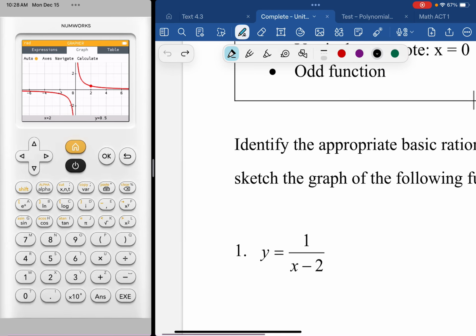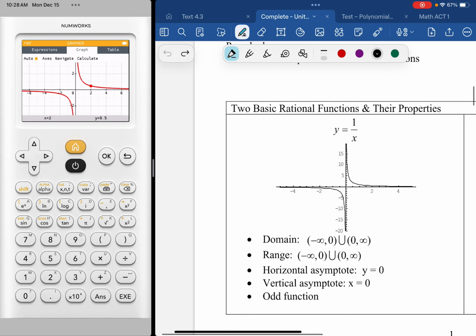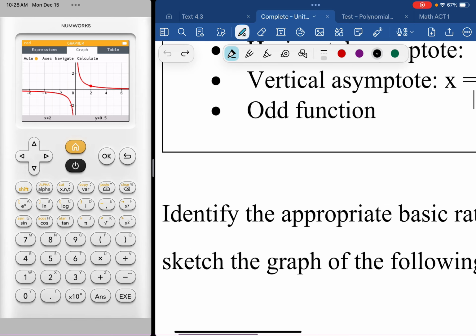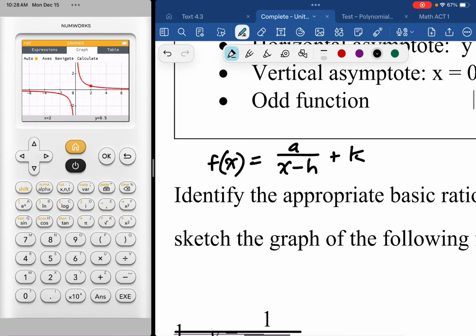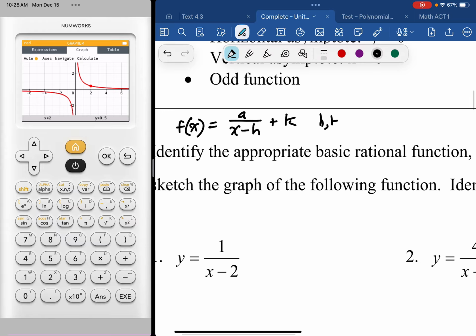So if I tell you that rational functions of this form will take on a structure of f of x is equal to a over x minus h, plus k, where h and k give the horizontal shift and vertical shift, and a is the stretch.